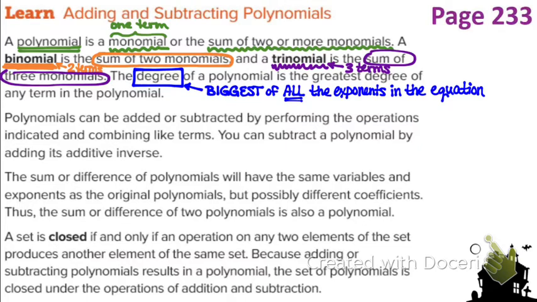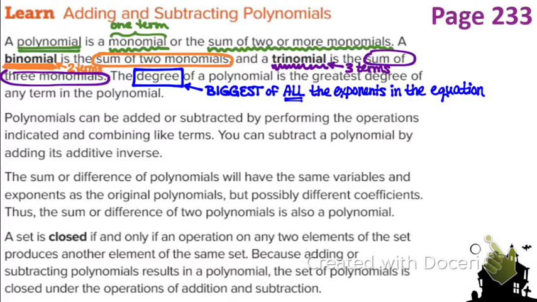In order for it to be considered a monomial, in addition to it having just one term, that term, if it has a variable, that variable cannot be underneath a radical. It can't be under a root. And if it has an exponent written down, that exponent cannot be a negative. If it has a radical, or you see a negative number up where the exponent goes, it is not a monomial.